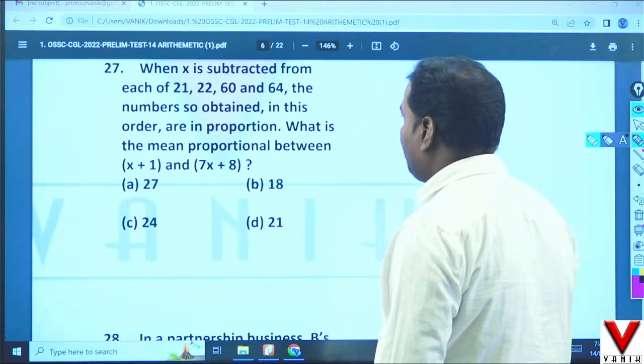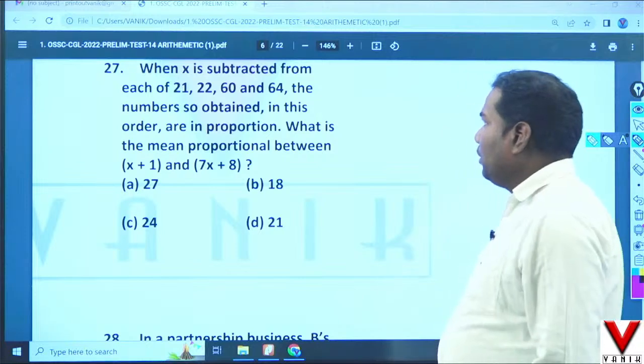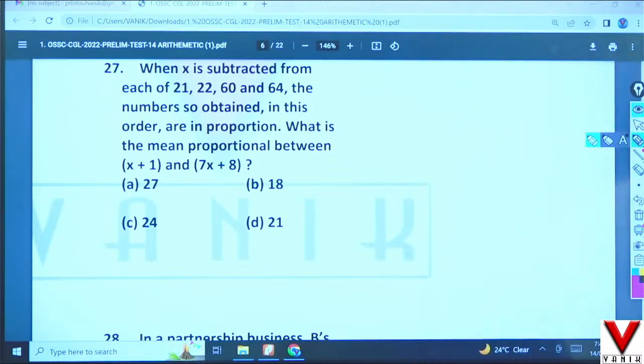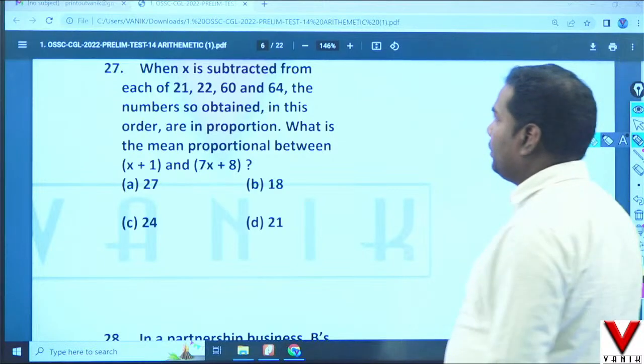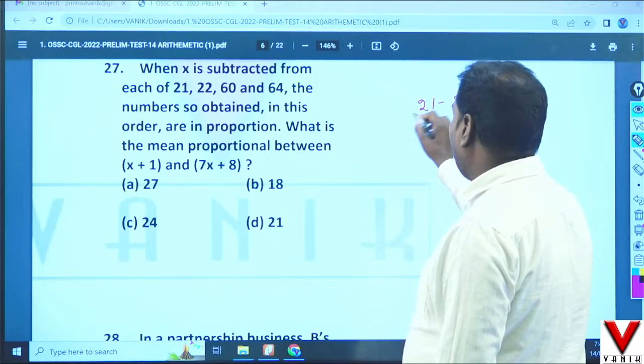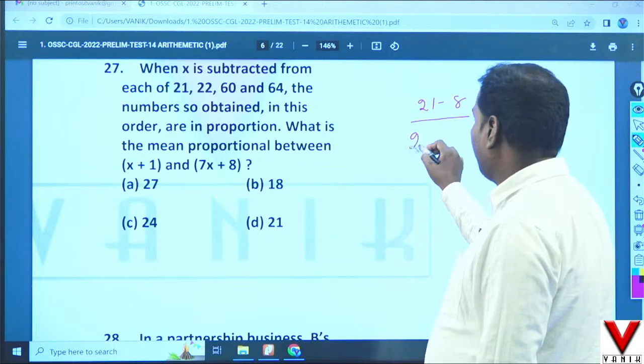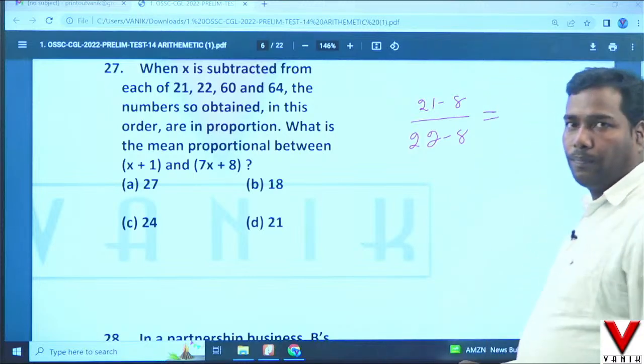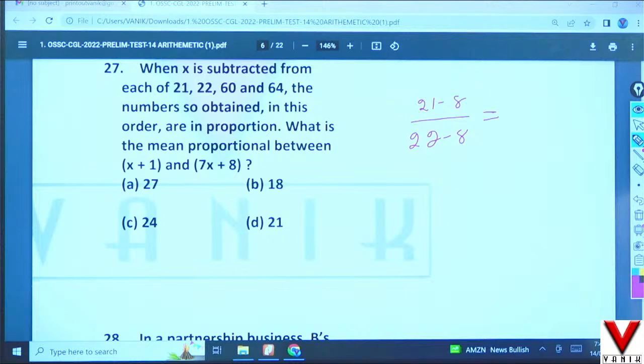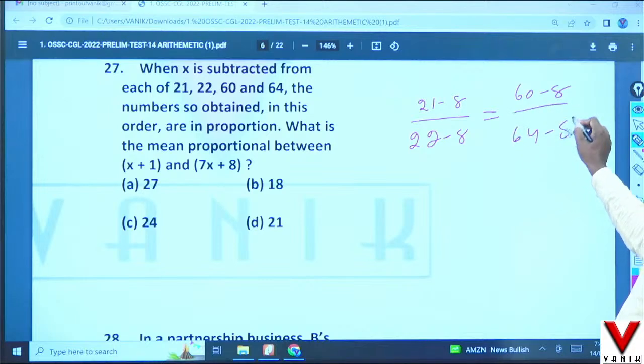When x is equal to 8, suppose we consider x is equal to 8, then 21 minus 8 divided by 22 minus 8 is equal to 60 minus 8 divided by 64 minus 8.